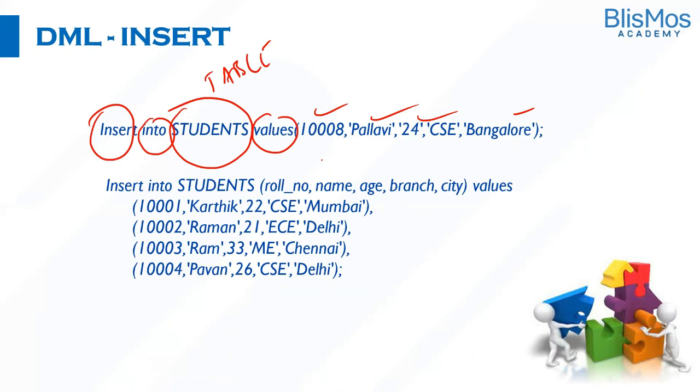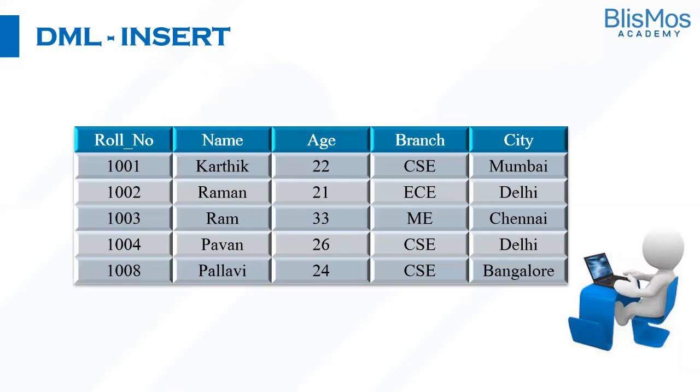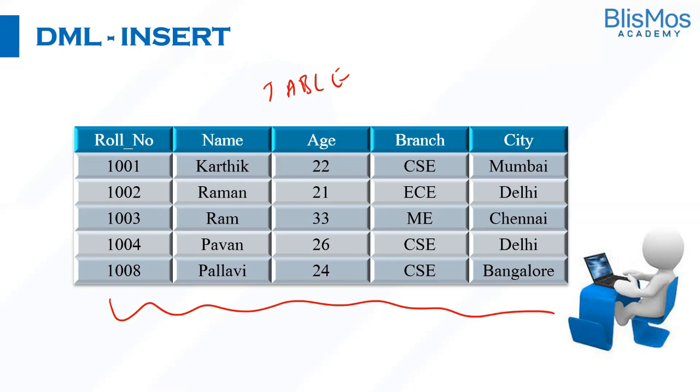It is more or less the same thing, except that we are inserting multiple records as a part of this insert statement. After inserting, the table looks like this. So the insert statement, as a part of DML, is one of the very important commands to insert data into the table.